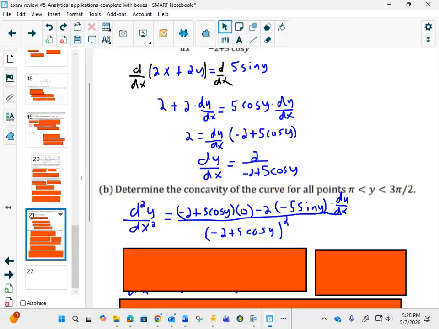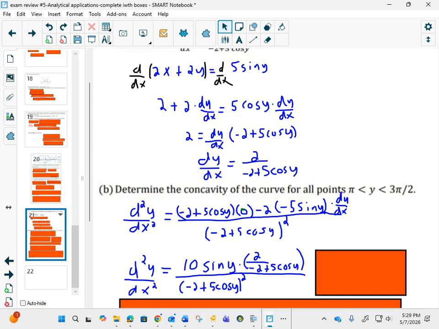That's a 0, that makes all of that go away. Minus, and then we've got a dy/dx built in there, over this squared. And what can we do with the dy/dx? You could substitute back in the original. Can we leave it like that?